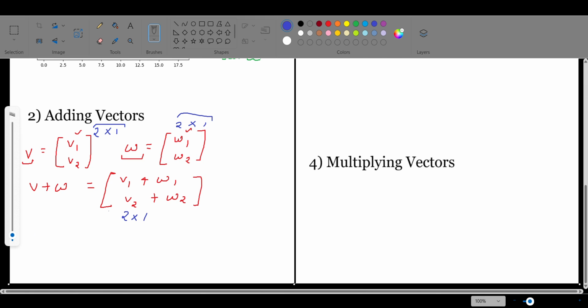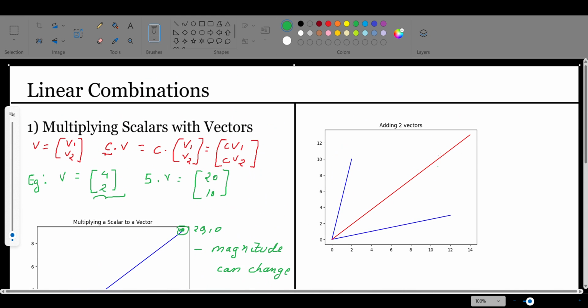Now let's do an example. So v is equal to 2, 10 plus w is equal to 12, 3 is equal to 14, 13. So this is v, this is w. Now let me show it to you on a graph.